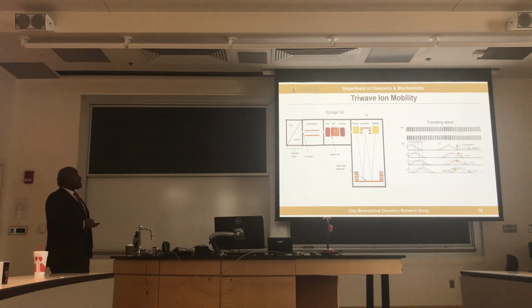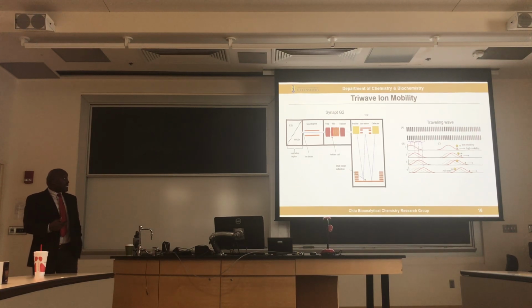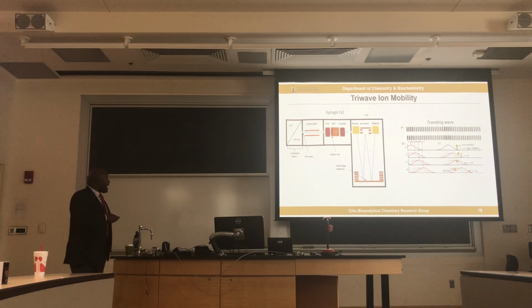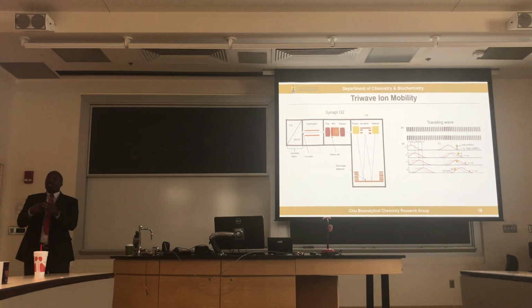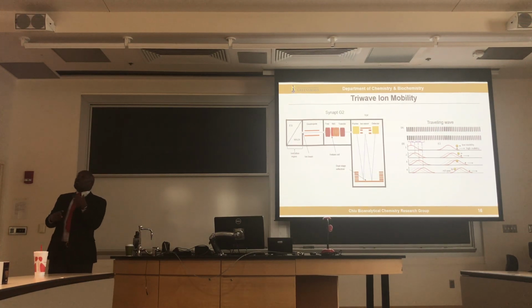The kind of instrument that we use is called a traveling wave ion mobility mass spectrometer, and it's a Synapt G2. And this is the schematic diagram. What you have here is the ion source, and it is switchable between ESI and MALDI. Once you generate your ions, they go through a mass filter, which in this case is a quadrupole.